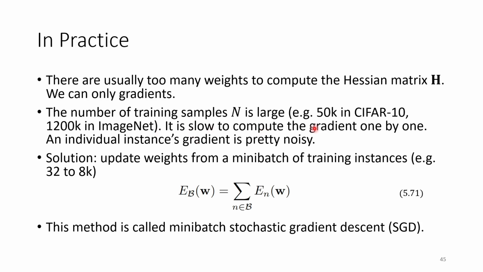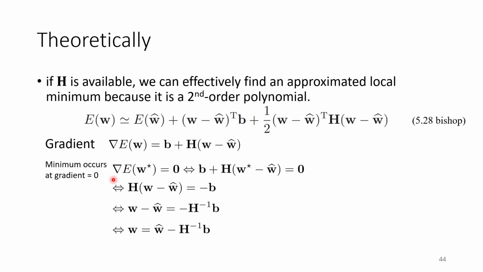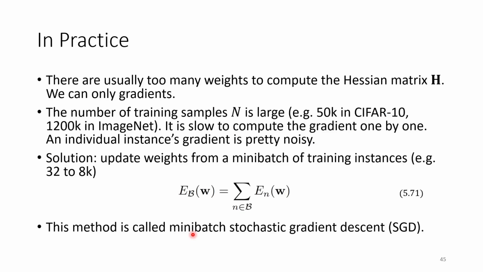Say for example, in CIFAR 10, there are 50,000 training images in total, and there are 1.2 million images in ImageNet. So if we want to calculate the Hessian function, it is too large to compute. Because why? Because there is an inverse matrix. It is very difficult to compute the inverse matrix.